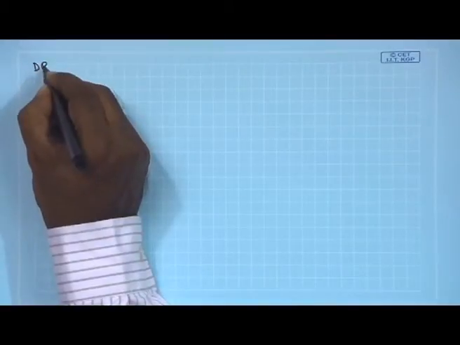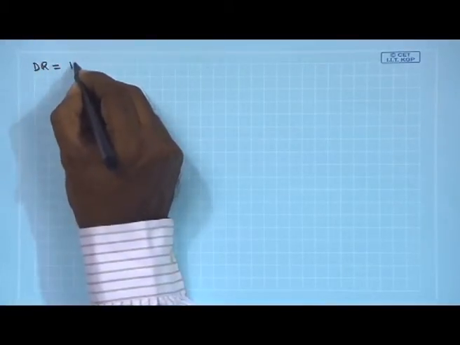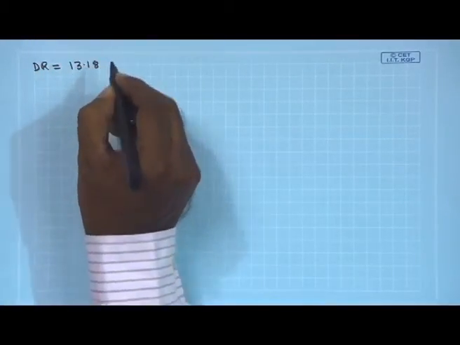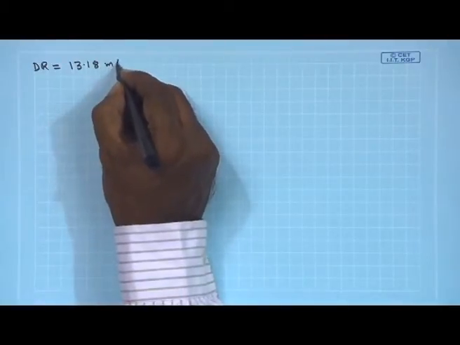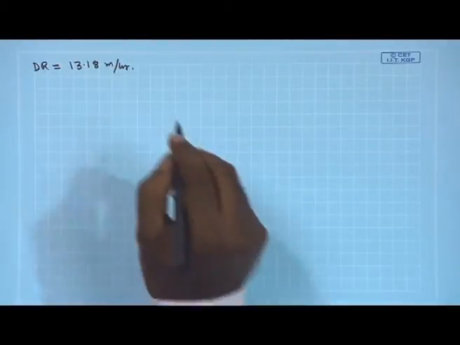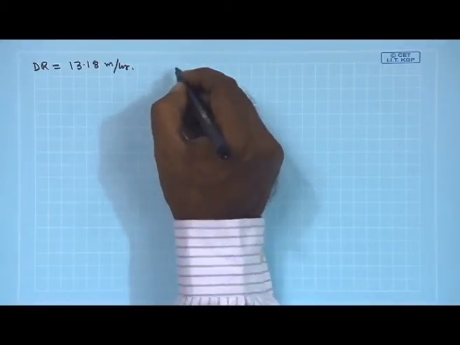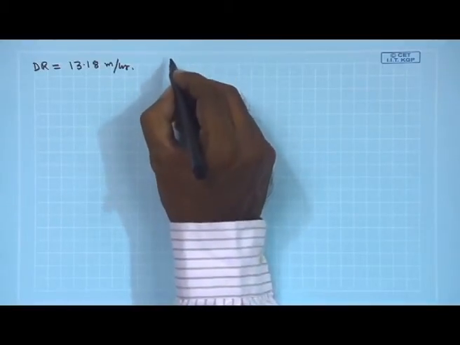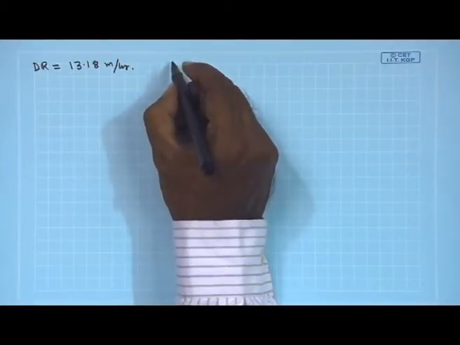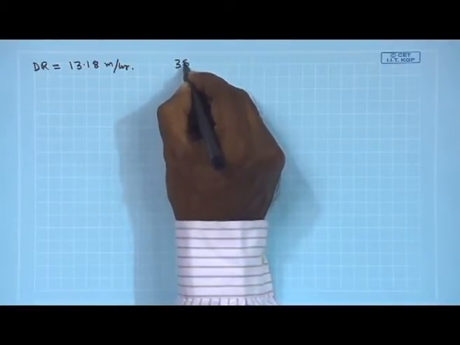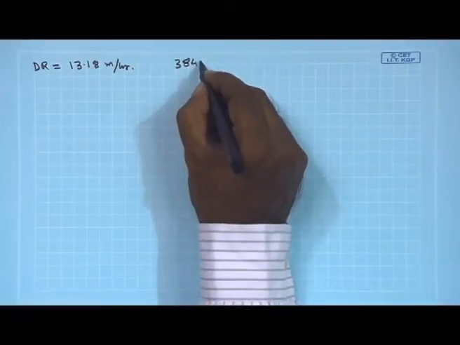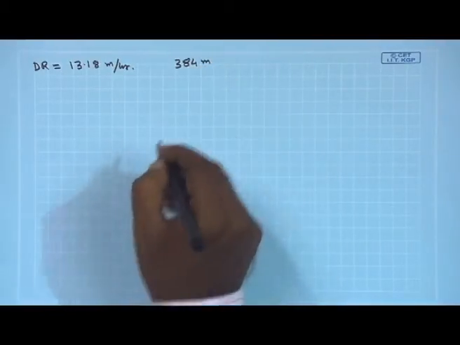The value of drill rate, let me write down again here, is 13.18 meter per hour, and let me write down some values from the previous sheet. The total drilling length requirement is 384 meter.